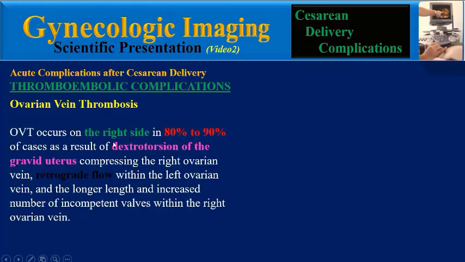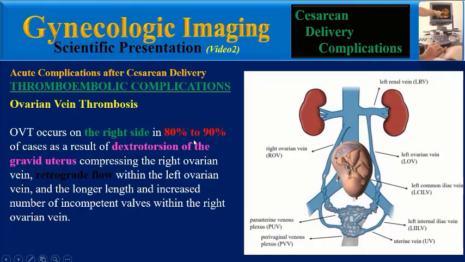It occurs on the right side in 80 to 90% of cases as a result of dextrotorsion of the gravid uterus compressing the right ovarian vein, retrograde flow within the left ovarian vein, and the longer length and increased number of incompetent valves within the right ovarian vein.